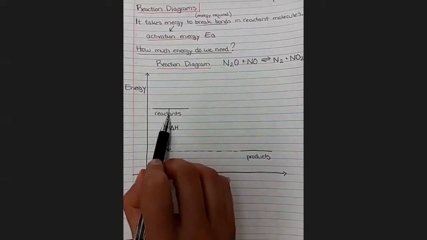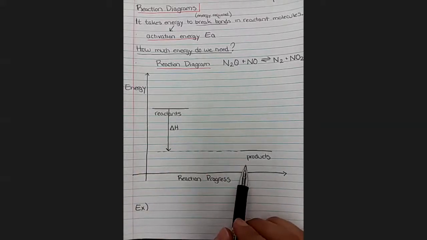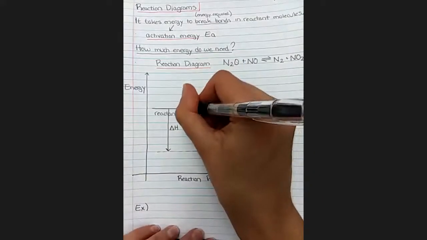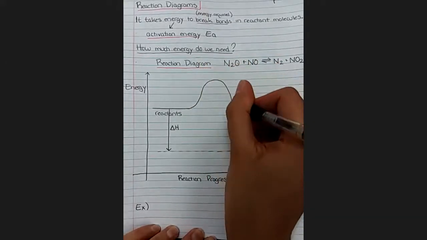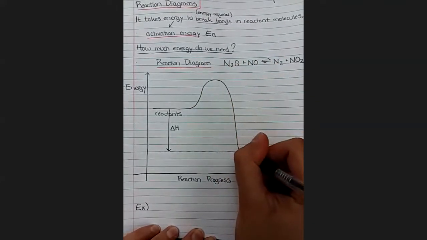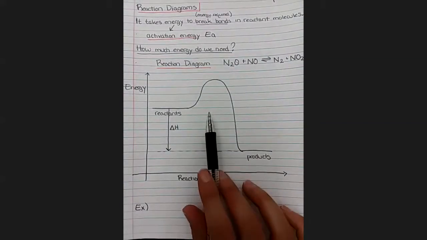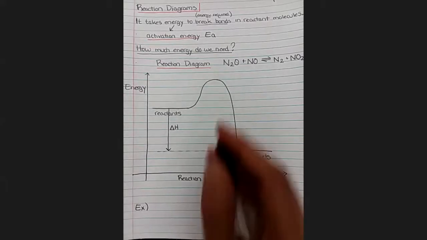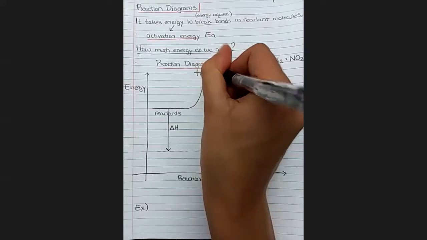The only thing that matters is the origin and the destination, but in kinetics, we care about what happens in the middle. And what happens in the middle is that energy is required to break bonds and make this happen. So most of the time, there's going to be a hump in the middle of our trajectory. And at the top, this is going to be called the transition state.